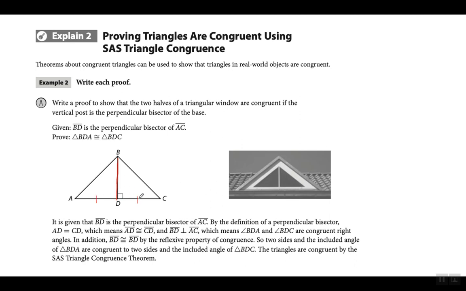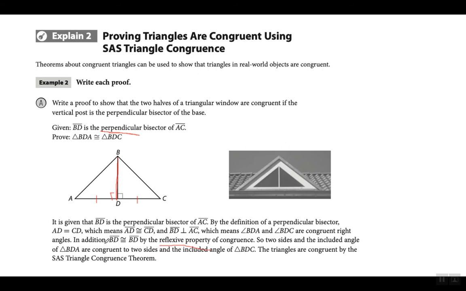This segment has to equal this segment. And if it's perpendicular, perpendicular means it creates a 90-degree angle. So if this is a 90-degree angle, this is also going to be a 90-degree angle. And then they have this side in common because of the reflexive property. Reflexive property means segment BD is going to be congruent to segment BD.